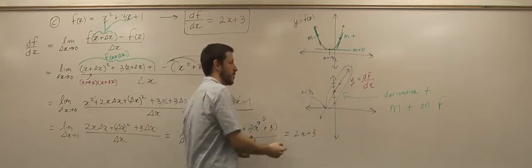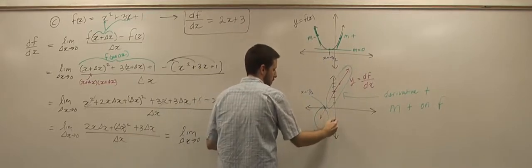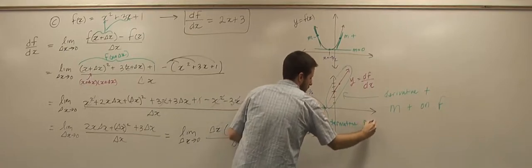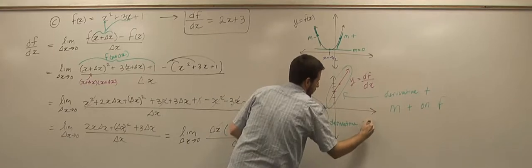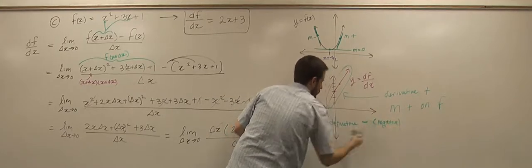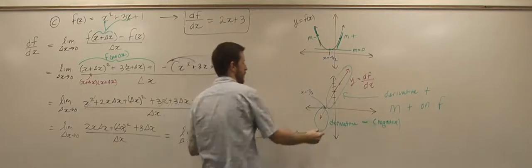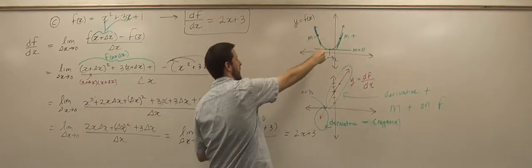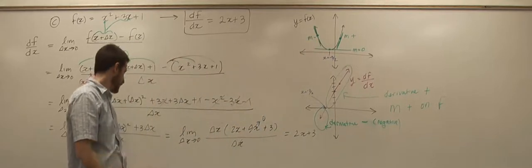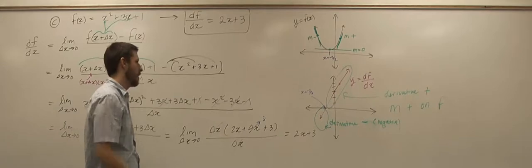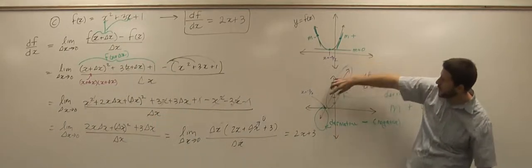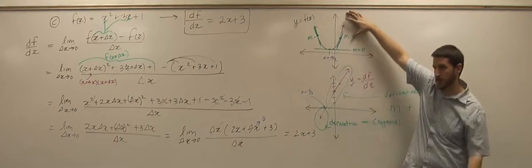That's what this is telling you. In this portion, your derivative is negative, which is why you're getting negative slopes on the left over here. I'm just getting you used to this idea that the y values on here represent the slopes up here.